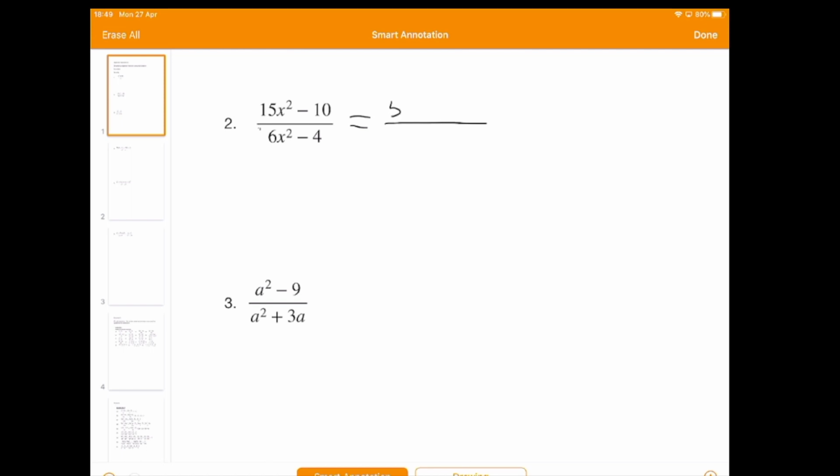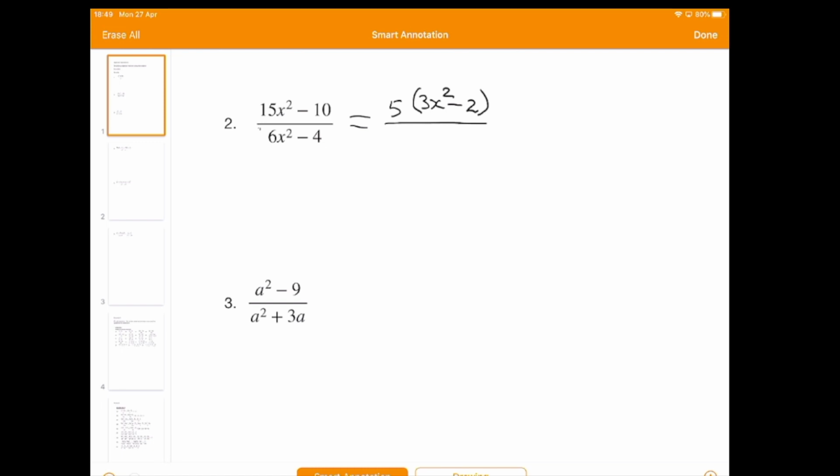So 5 goes outside. 5 is the highest common factor. Right. And then to get the other factor, we need to divide the original expression by 5. So we are going to divide by 5, and that will give us 3x squared minus 2. And we can't factorize that one any further at this stage, so we will leave it like that.